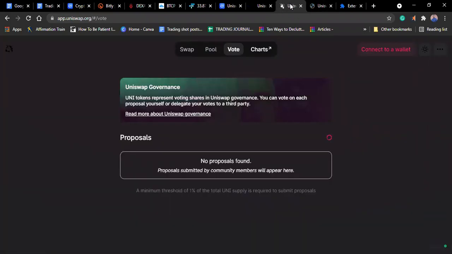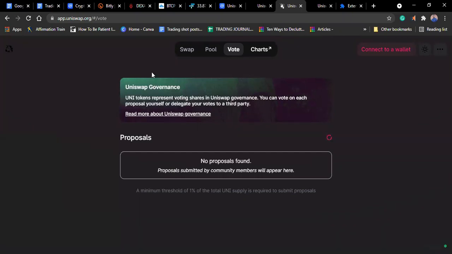Now, the difference between Uniswap and your centralized exchanges: some of the new coins that are listed on Binance or OKX, most times they are listed first on a decentralized exchange like Uniswap before they start trading on Binance. Why?